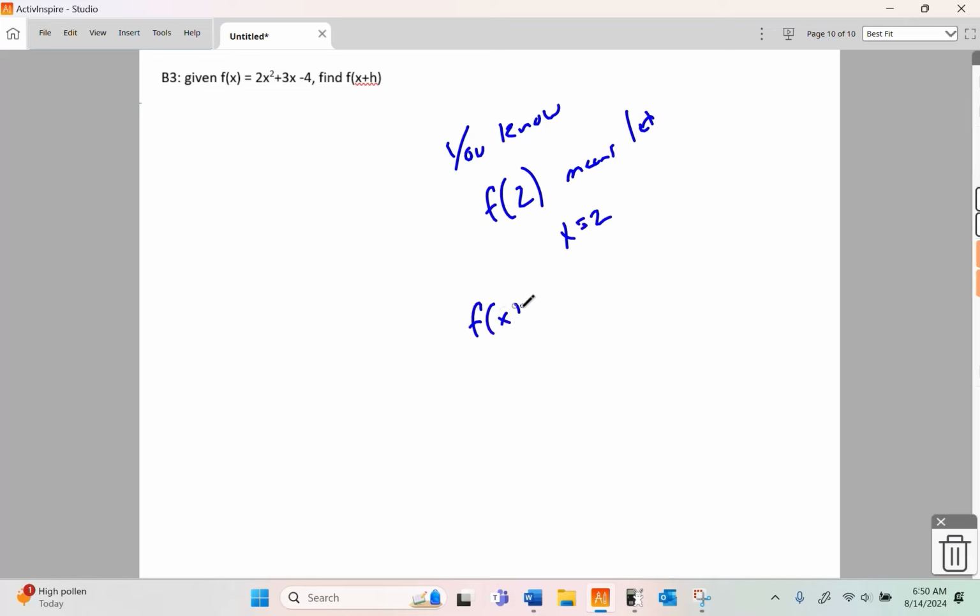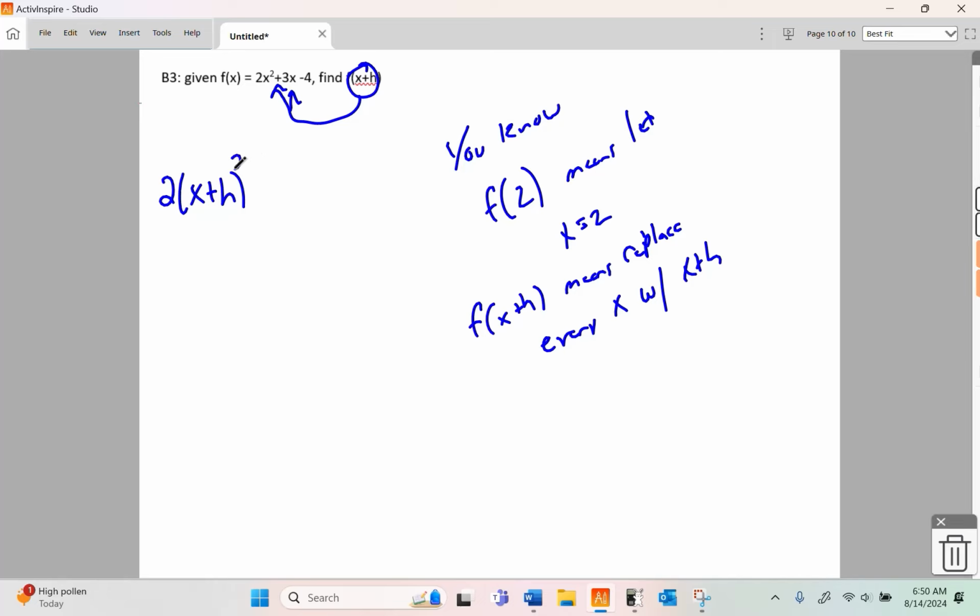So f of x plus h means replace every x with x plus h. That's all it means you do. That's going there and there. Those x's become x plus h. So I see an x, she becomes x plus h.